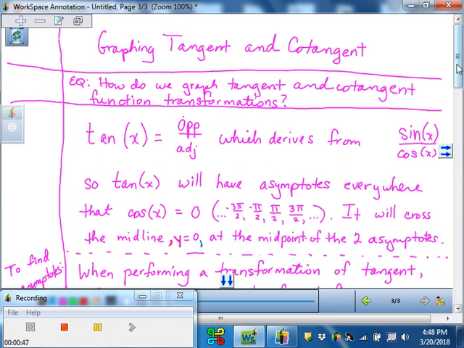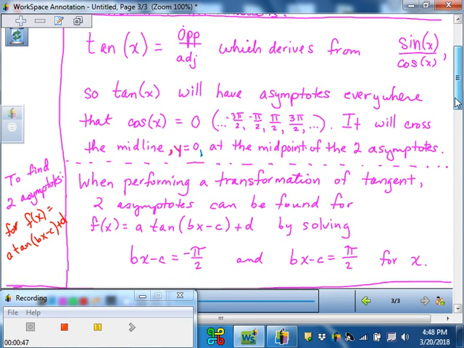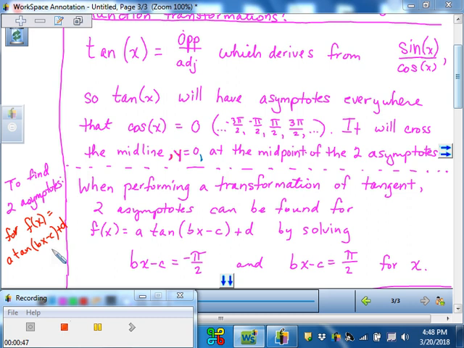Now, to find these asymptotes, when we are performing a transformation of this type, we can find those asymptotes by taking what's in the parentheses here, bx minus c, setting it equal to one of our asymptote locations, negative pi over 2.